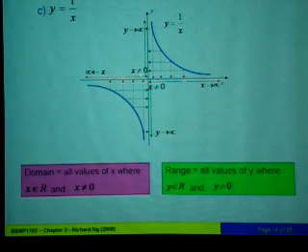Therefore, we can say the condition for range will be all values of y, where y must be a real number, except that y must not be equal to 0. If y is equal to 0, then it will not be a real number. So the answer for this question will be range equals all values of y, where y is a member of R, and y must not be equal to 0.